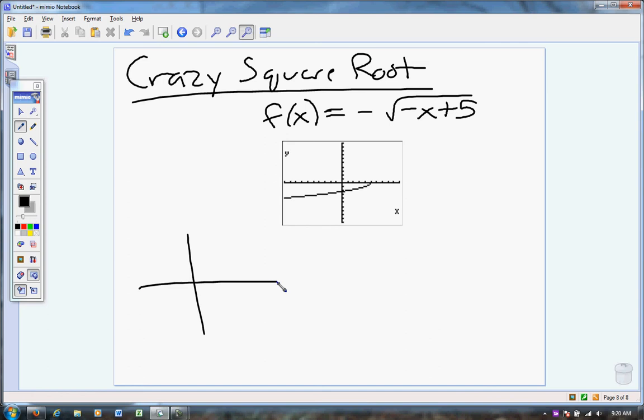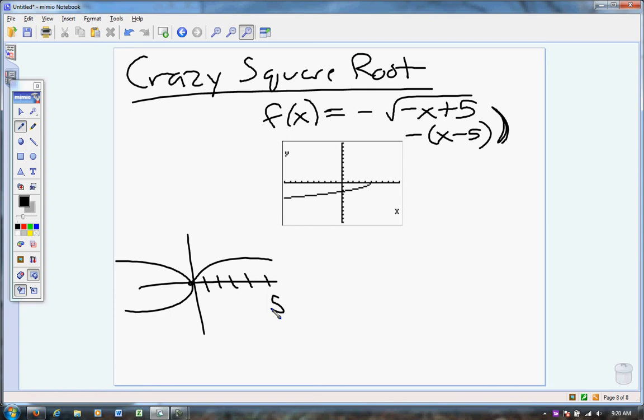Obviously, it's been flipped twice. It went from here to here, and then down here. The best way for me to think of it is to think through those reflections and then just think, isn't this the same thing as the negative of x minus 5? Aren't these two the same thing? And so what you've got is two reflections, and then this vertex point moved to the right 5 units.